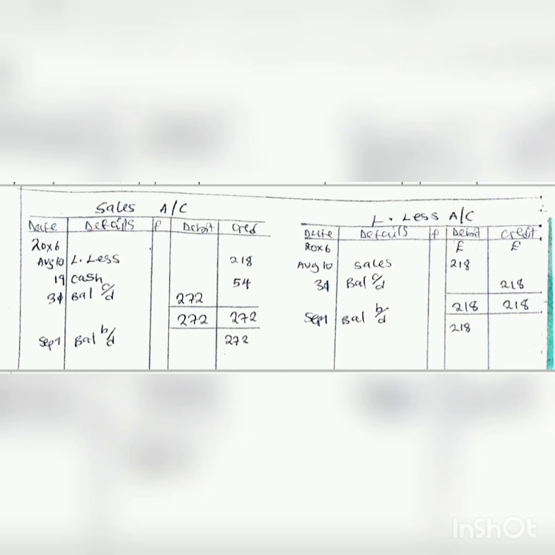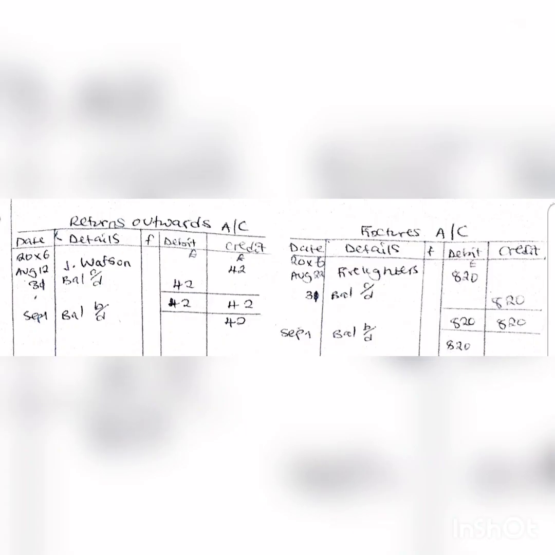Then we go to 10th August, they're saying sold goods on credit, 218 to LLS, meaning LLS received 218 worth of goods. The sales account gave out, so the sales account is credited. The LLS account is debited by 218.